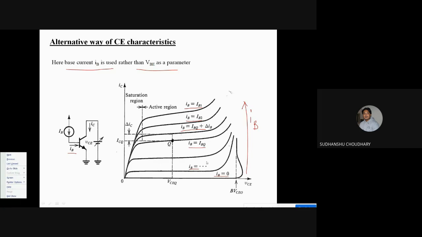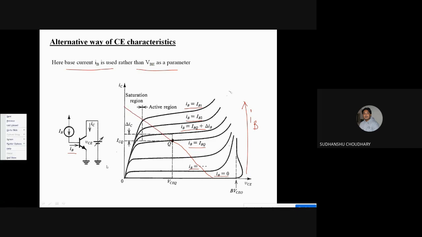Now one has to again draw the load line the same way we had drawn for the MOSFET. Then one has to bias this transistor at the center of the load line, which is my Q point here.